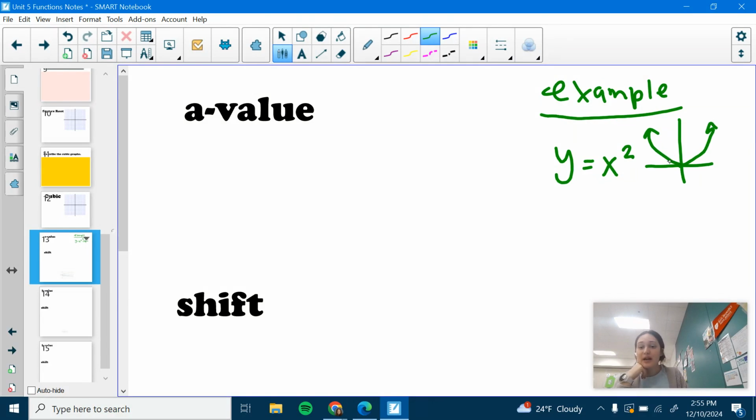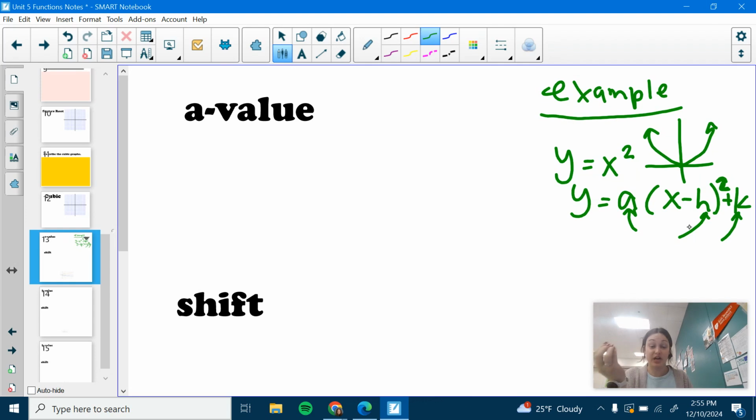But if I want my quadratic to look different, I want it moved over, I want it skinnier or narrow or upside down, all of those things happen through changing your a value, your h value, and your k value, which is how we get our transformed versions that look something like this. And all of our transformed versions have some form of a, some form of h, and some form of k somewhere in the equation, okay?